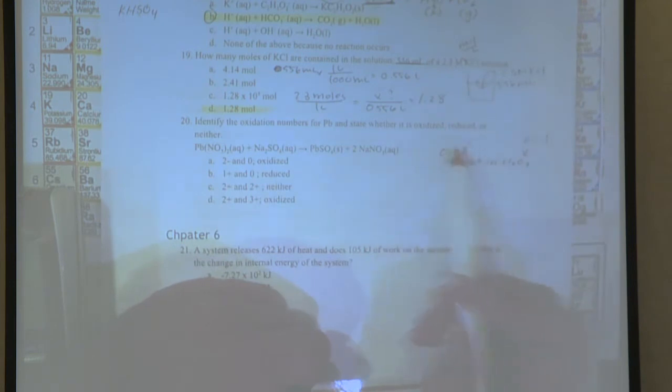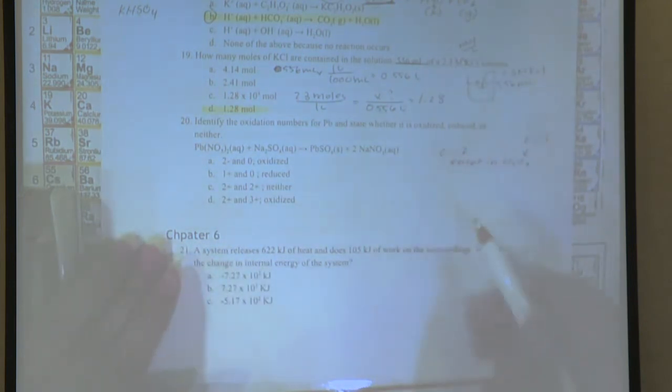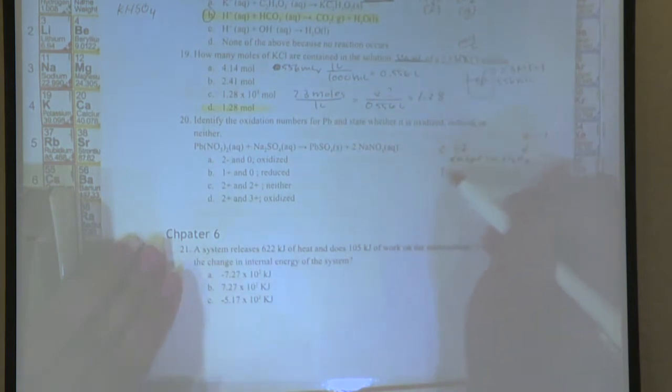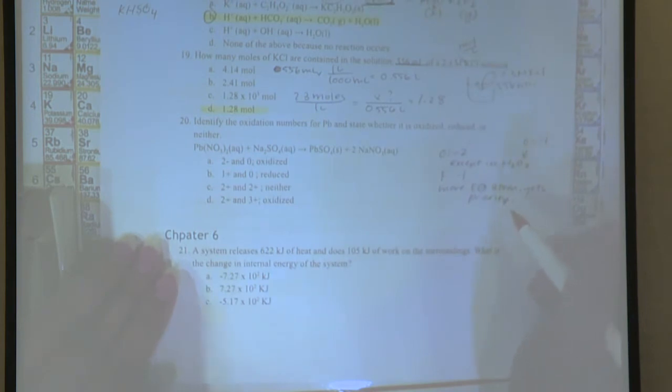But for the most part, in any other situation, it's going to be a -2. Fluorine, always -1. This more electronegative atom gets priority, so you're going to assign its oxidation number before you assign anything else's.